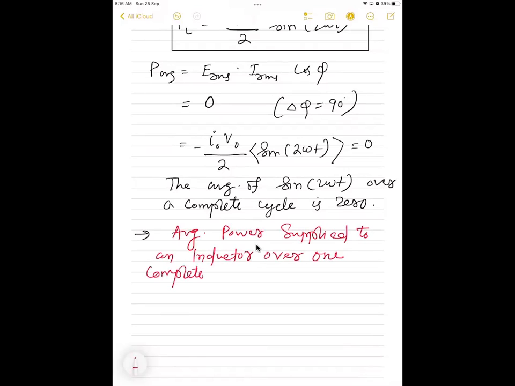For one complete cycle it is 0. Understood? Yes, sir.